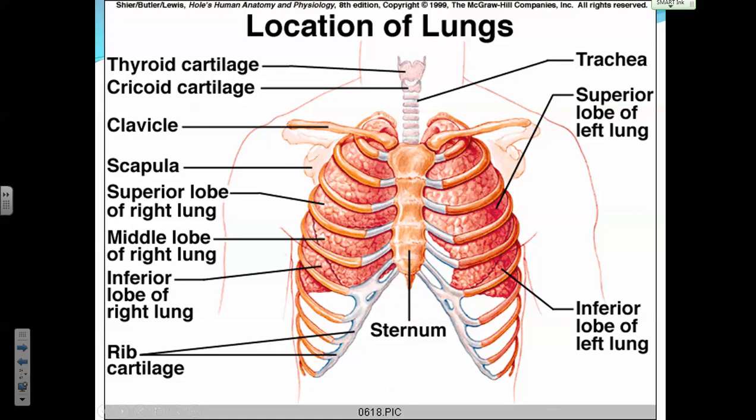But that's called a pneumothorax. So the way they initially treat that is they put a chest tube in that is literally suctioning out that air and any accumulated fluid so that the lungs can inflate again.